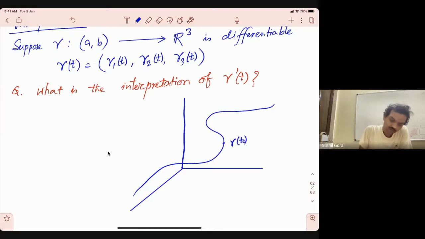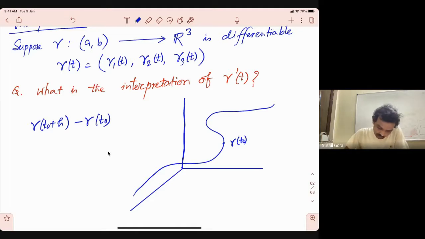What we are trying to look at is the following quotient: gamma t naught plus h minus gamma t naught. Let us look at the vectors.